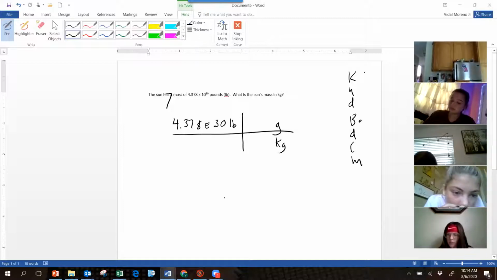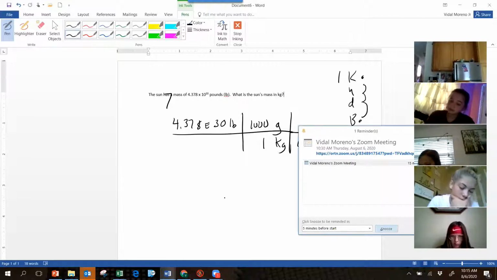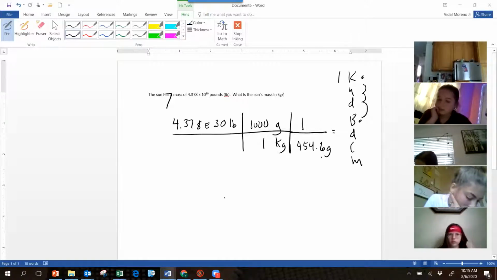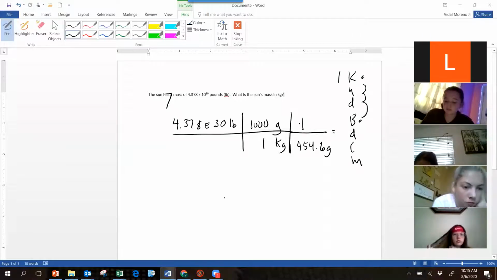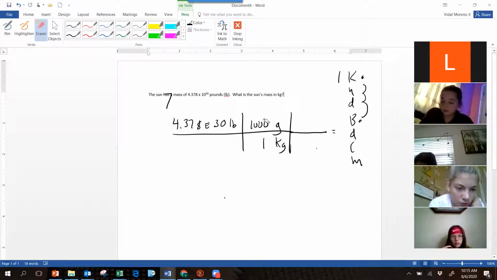Grams is base, kilo, 1, 10, 100, 454 point, what is it? 6? What am I doing? I have completely confused. Wait a second. I'm doing this reverse. I'm sorry.